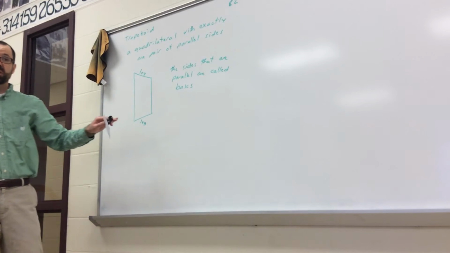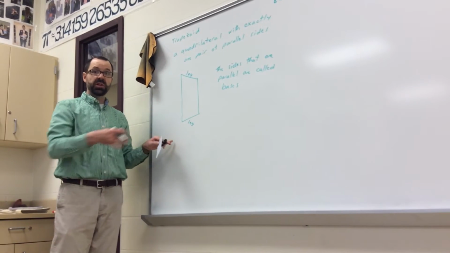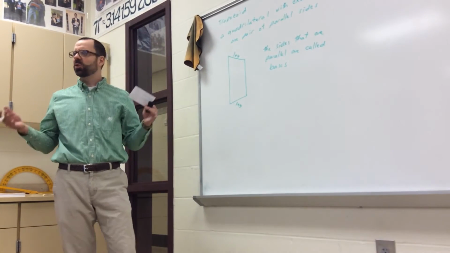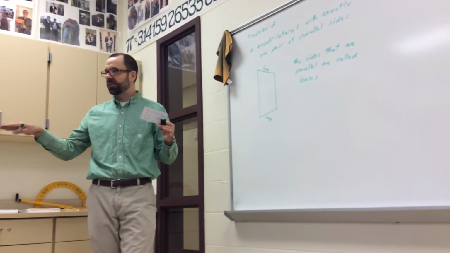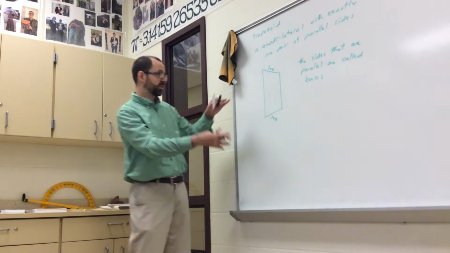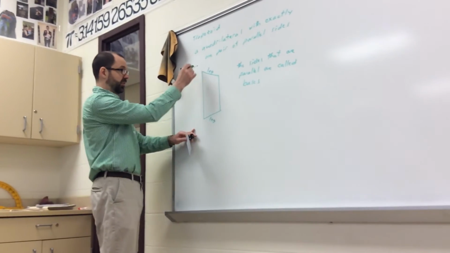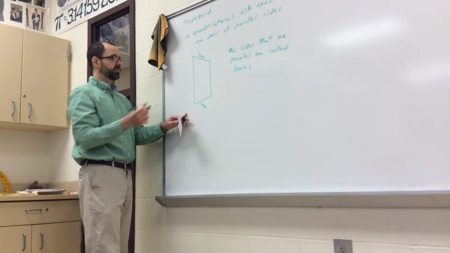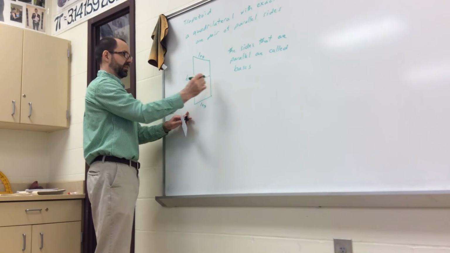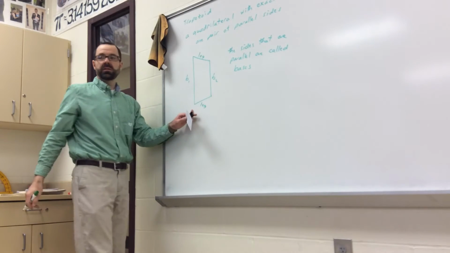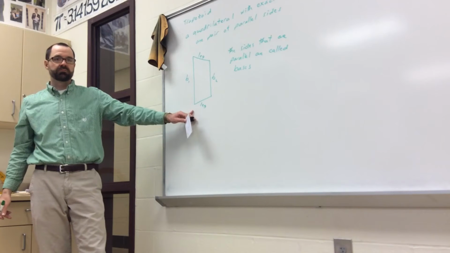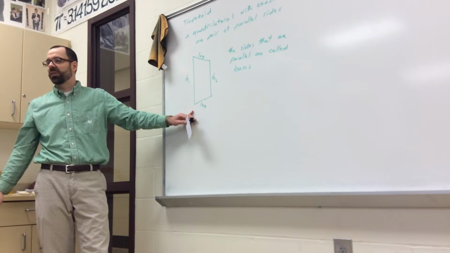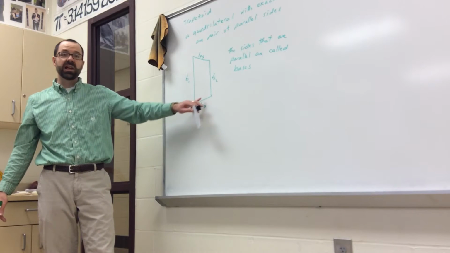Now that's kind of strange because, at least on this trapezoid, the bases are not on the bottom. When you hear the word base, it sounds like bottom. But this one is on its side, right? So this is the base, and this is the other base. So we call this one base 1 and this one base 2. That bothers people a little bit because the base doesn't have to be on the bottom. In this case, the leg is on the bottom.